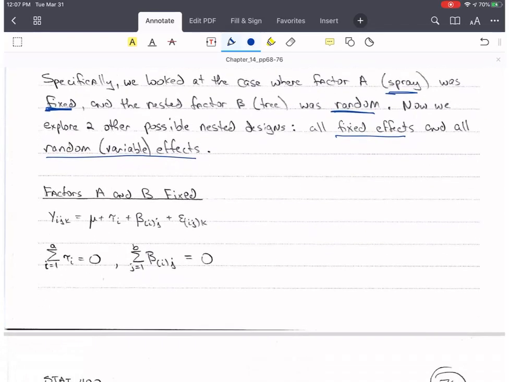Okay, so if we have factors A and B fixed, our model is going to look exactly the same here. But now we have 2 fixed effects factors, so we have 2 assumptions of these effects adding up to 0. So the sum of the tau i's is 0, the sum of the betas are 0.